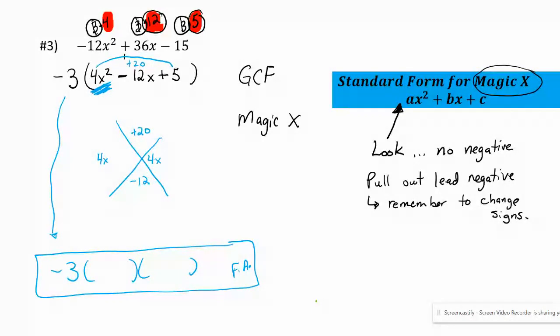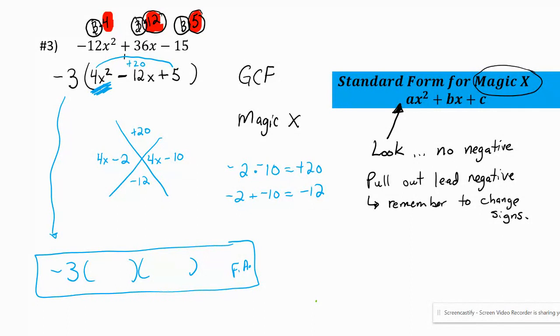So what multiplies to 20 and gives us 12? It has to be a 2 and a 10. And it would have to be a negative times a negative is a positive 20, because -2 plus 10 more negatives would add up to -12. So we need a -2 and a -10.